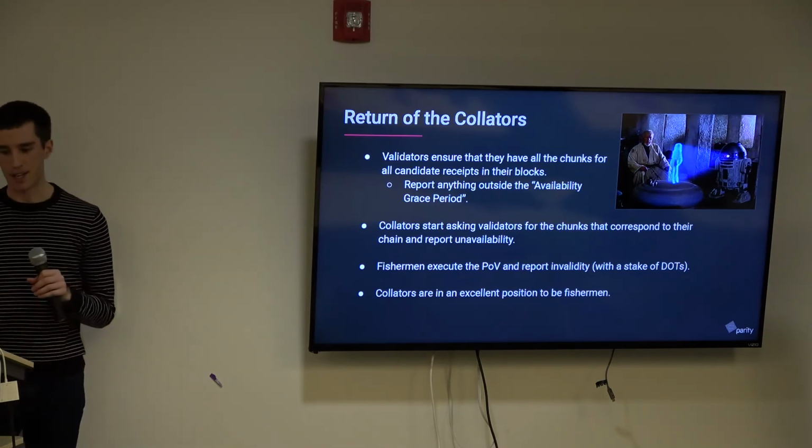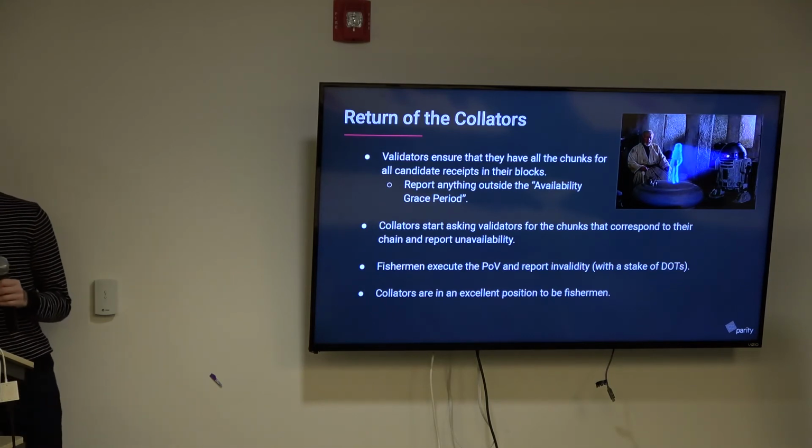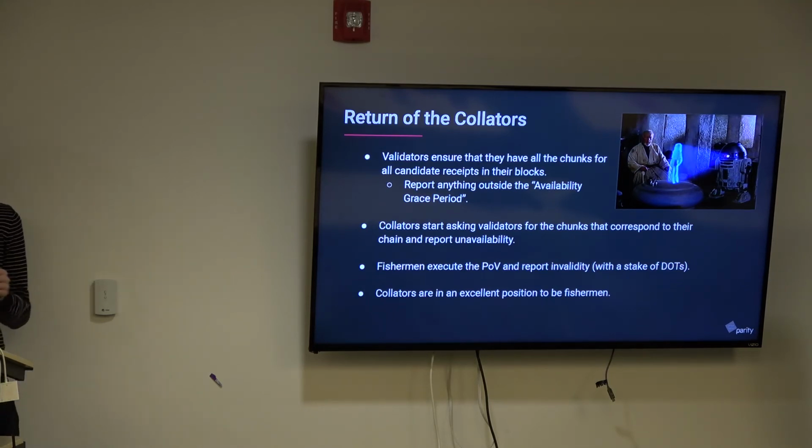Well, now this parachain is really out of luck, because it has a finalized block and a new state root, but it doesn't have the set of state transitions to get to this new state. That's the pre-image to this state root. So it can't produce the next valid block of state transitions. This parachain is stuck, and it doesn't even know how to get to where it is stuck.